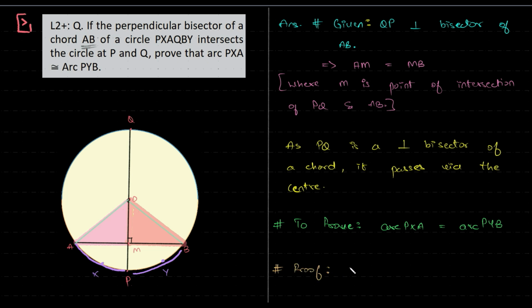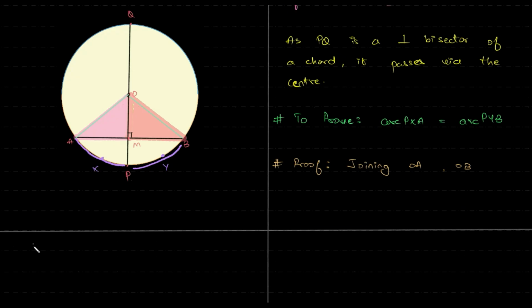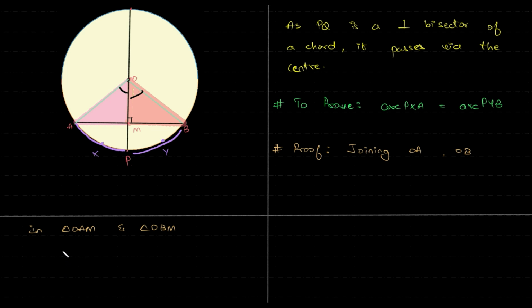Now the proof. So we have joined OA, OB. Now we'll talk about triangle OAM and triangle OBM. So why are these two triangles congruent? You guys have to tell. We have to prove these two angles are equal, remember. Yes, first thing is AM is equal to MB, because it's given.